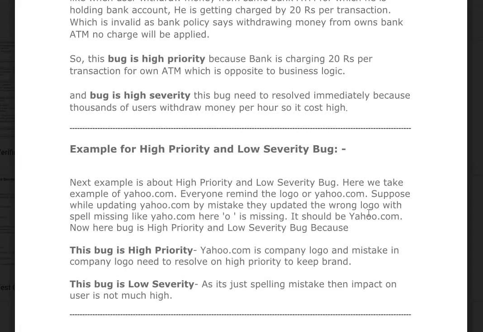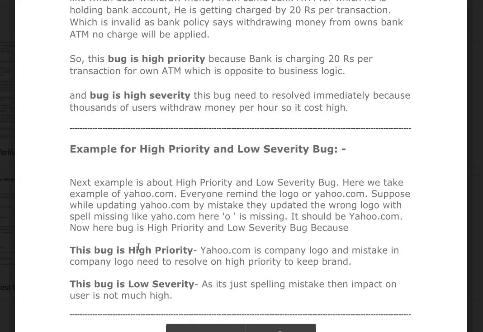So this is a high priority bug which needs to be fixed as soon as possible, but the severity is low because there is no impact on functionality. You as a user are able to use all the functionality of Yahoo very easily without any problem.